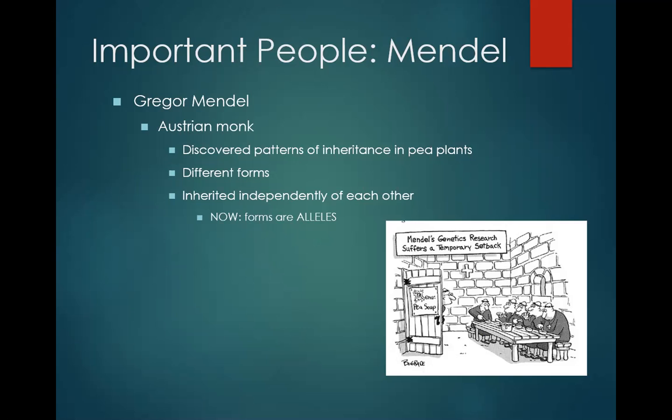We now think of those as different alleles, or different forms of the same gene. So for example, we have a gene for eye color. Within that gene, you could have blue eye color or brown eye color. Blue and brown are two different alleles of that same eye color gene.